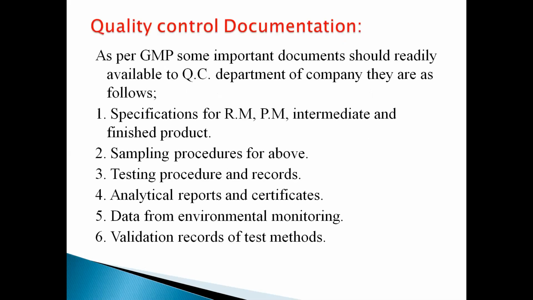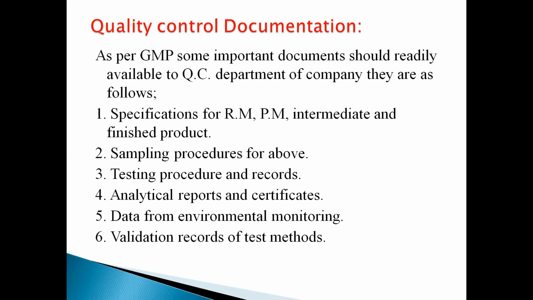Then quality control documentation. Let us see what documentation could be maintained in the quality control department. As per GMP, there are some important documents readily available to the quality control department of the company. Number one, the specification of the RM, PM, intermediate, that means raw material, packaging material, intermediate and finished product.